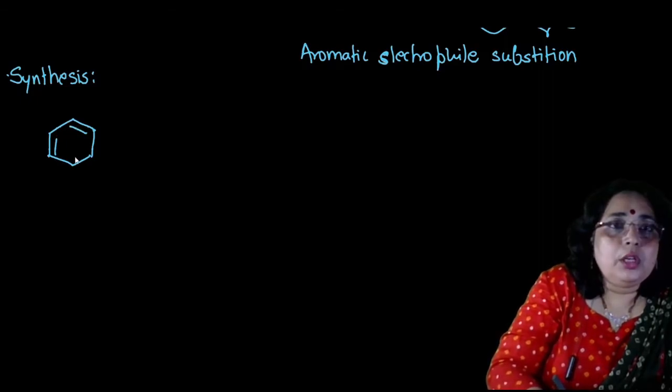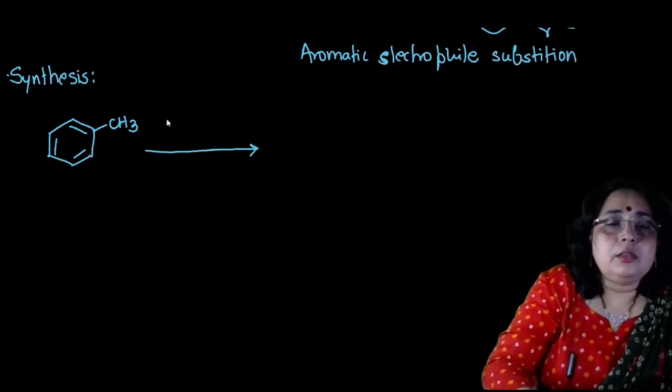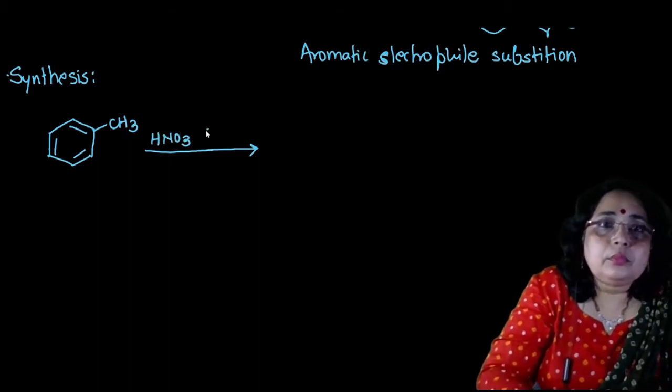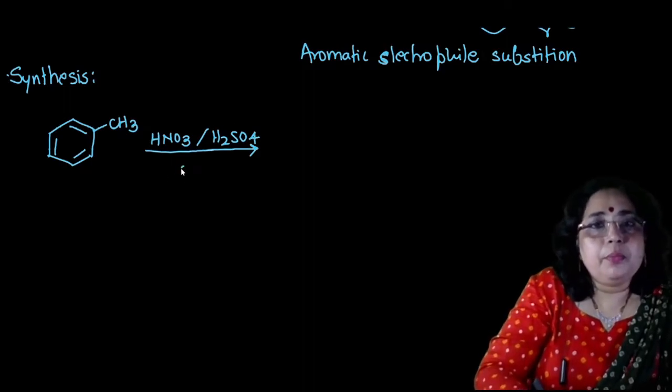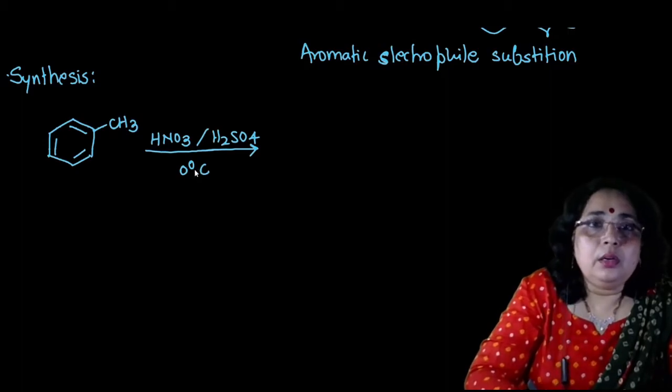So this is a toluene, and the first step is a nitration. Now here nitration is a very important thing. It should be carried out at 0 degrees Celsius.